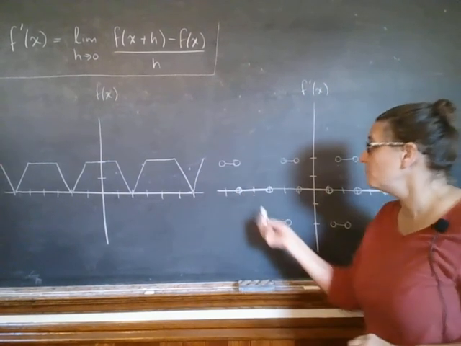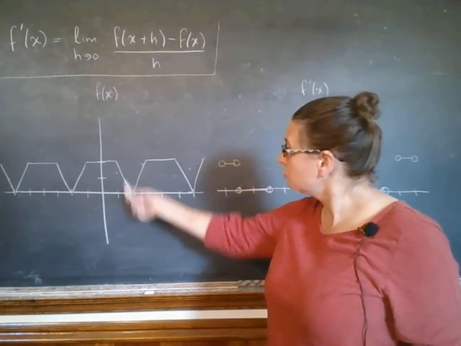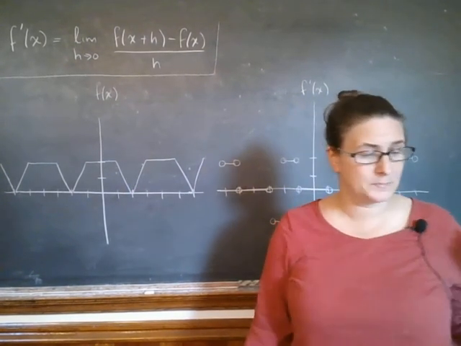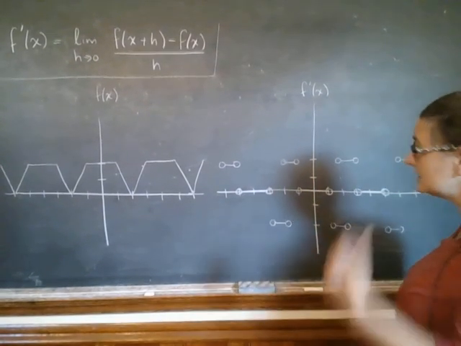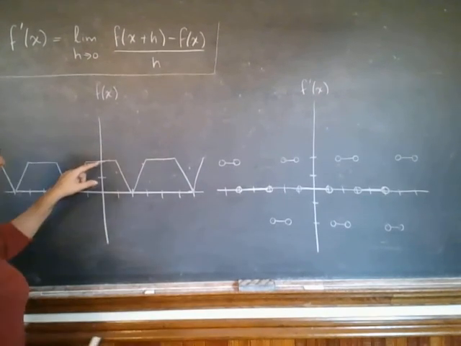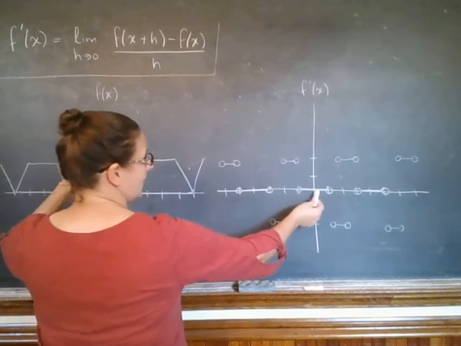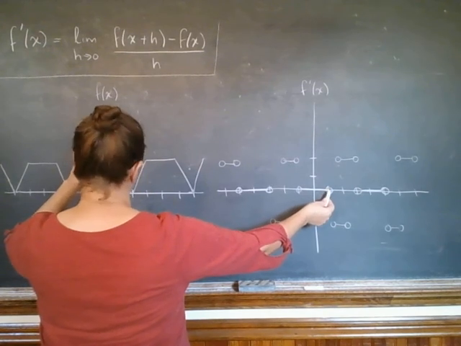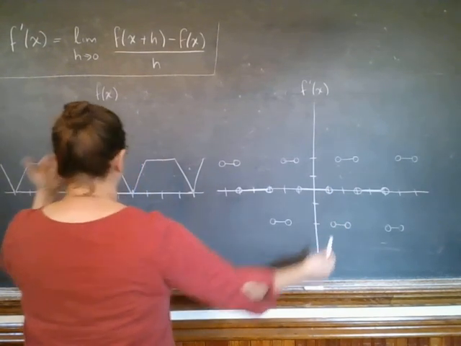Here's an example where we can just see, by looking at the different slopes, why it doesn't exist at those points. If I'm looking at the slope here, of course, that's right here, right? The line, the slope is 0. And if I'm going here, the slope is -2.